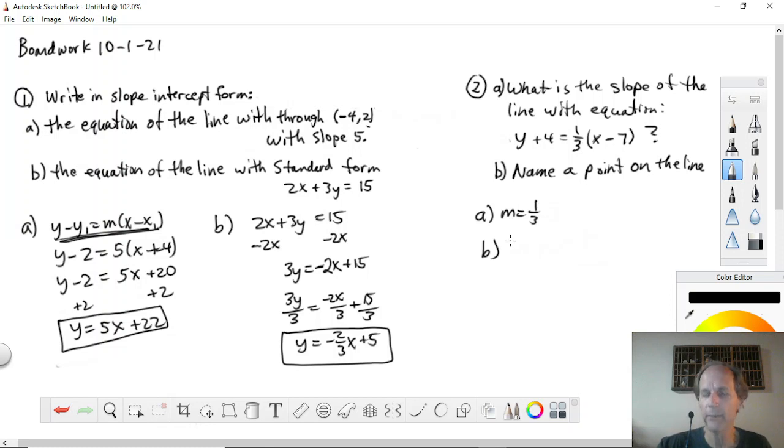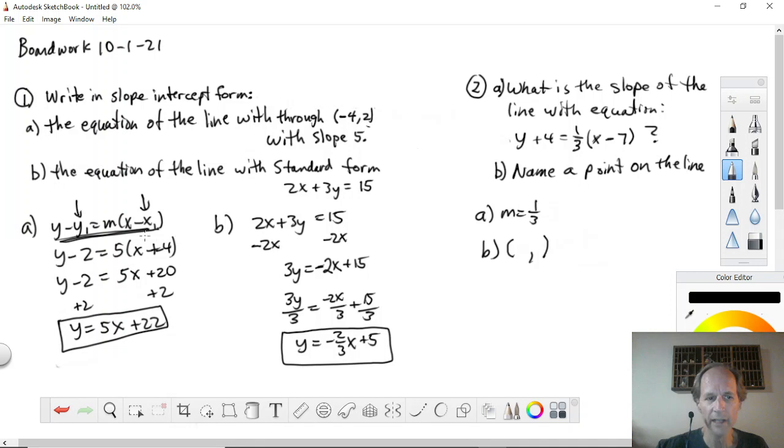Any point, but there's one that's easy to name because this is point-slope form, so the coordinates of a point are right there in the form. Here they are, right? The y coordinate is right there, subtracted from y. The x coordinate is right here, subtracted from x. So let's just fill those in.